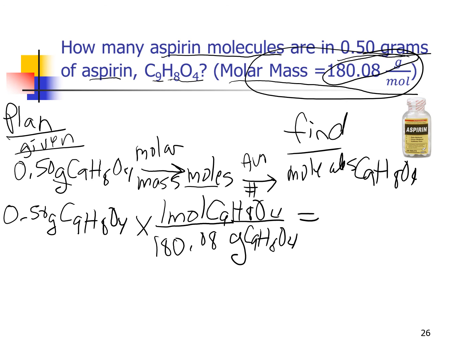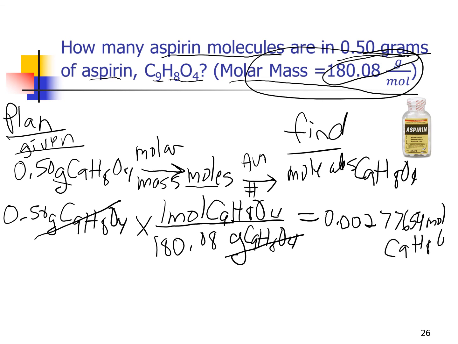So now we can cancel our grams of aspirin, and then we need to do the math. 0.50 divided by 180.08 gives me an answer of 0.0027764 moles of C9H8O4. Now we can convert our moles to molecules using Avogadro's number.